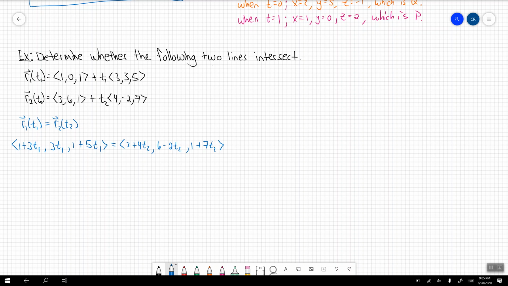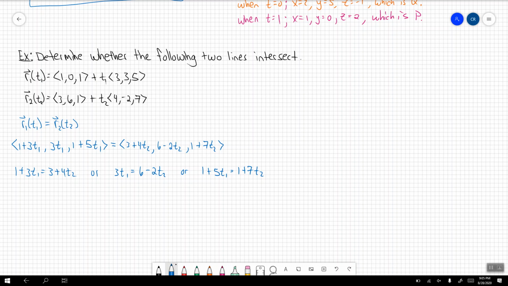So in that extraction, I now get that 1 plus 3t1 is equal to 3 plus 4t2. I also get that 3t sub 1 must be equal to 6 minus 2t sub 2. And I also get that 1 plus 5t sub 1 must be equal to 1 plus 7t sub 2.